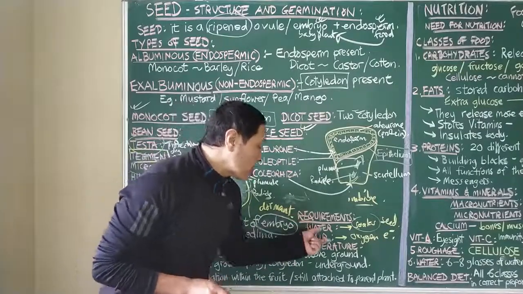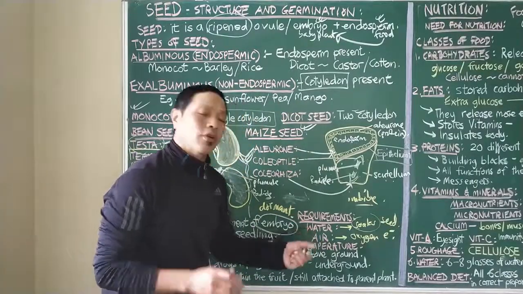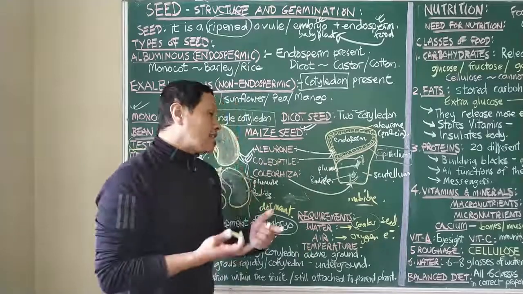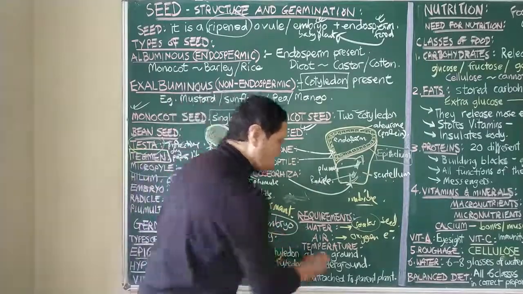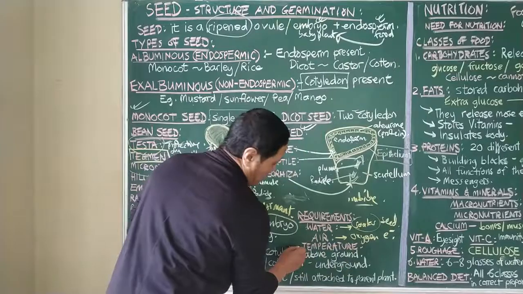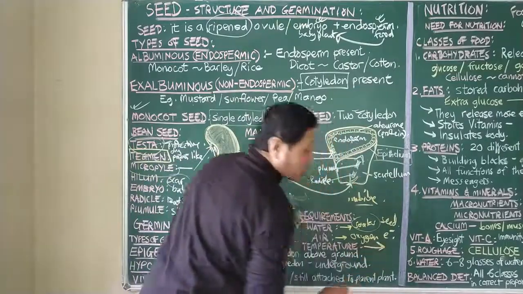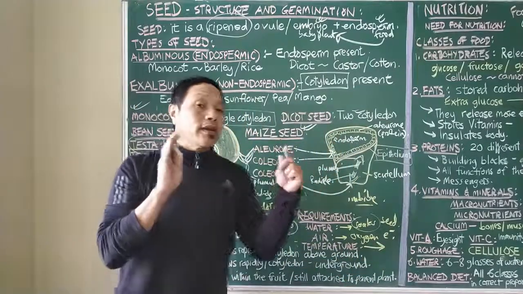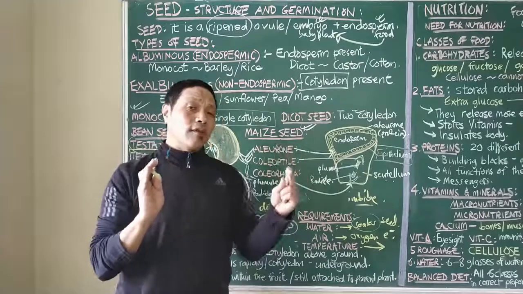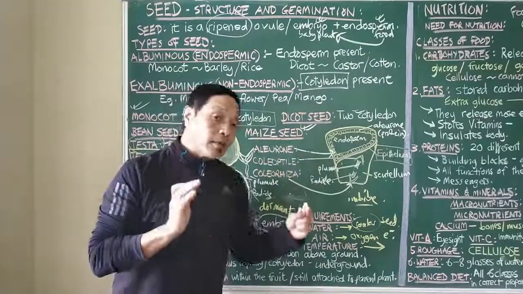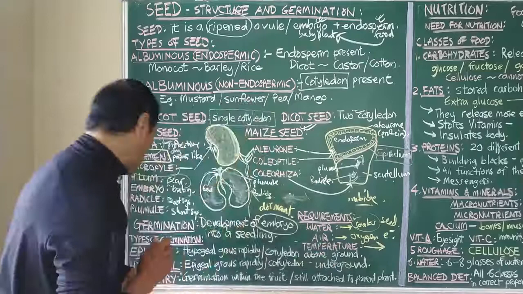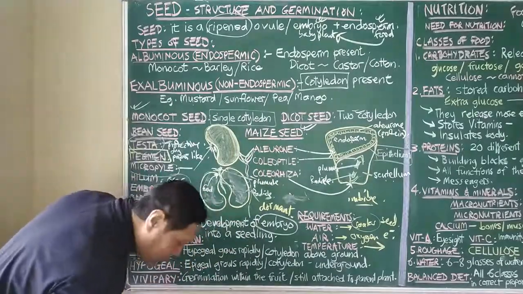You can provide a seed with water, or you can just keep soaked seeds inside the fridge. You'll find that it will not germinate at all. So temperature, the right temperature. Seeds require a small range of favorable temperatures.